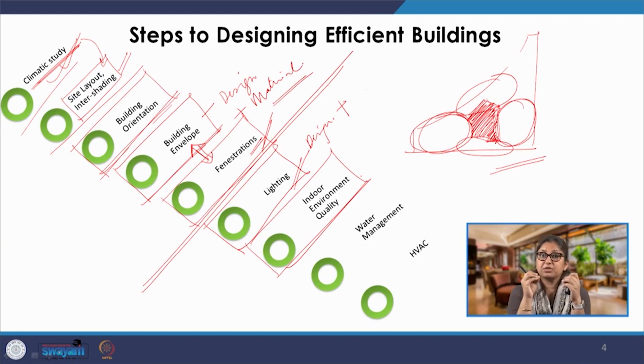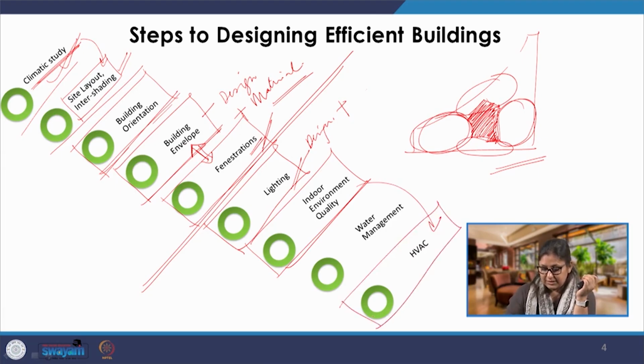So, we have the temperature, which we are trying to control and handle through these passive design measures, but we have to see how much carbon dioxide is being produced and what ventilation rates are there, and based upon that we will decide for the system of HVAC in the last. So, we will design HVAC.